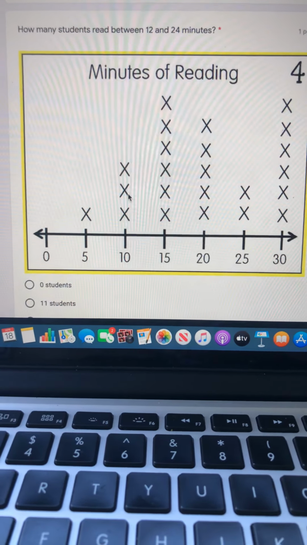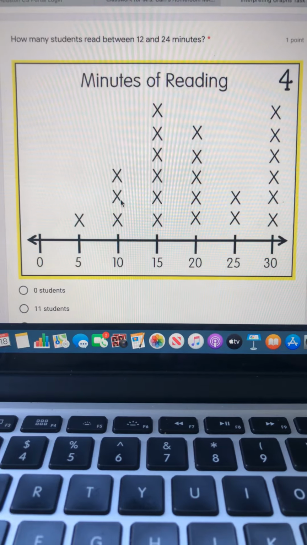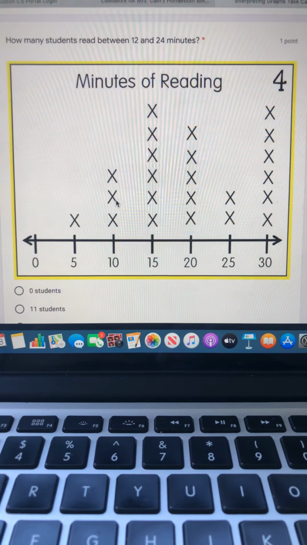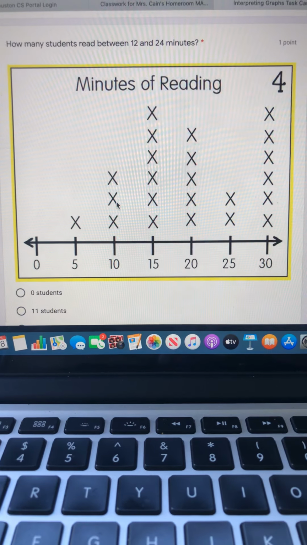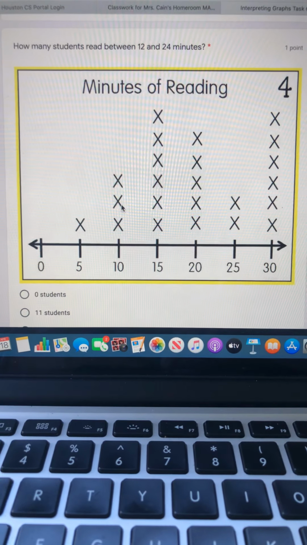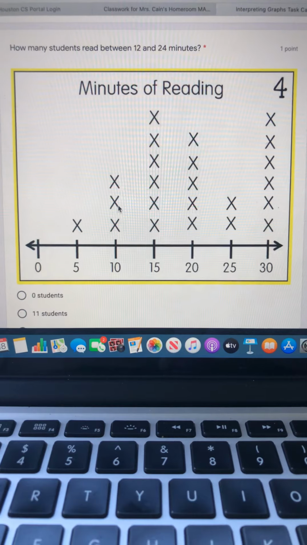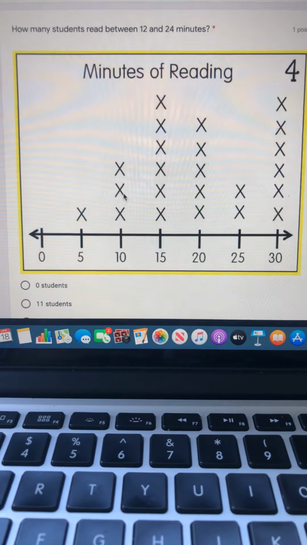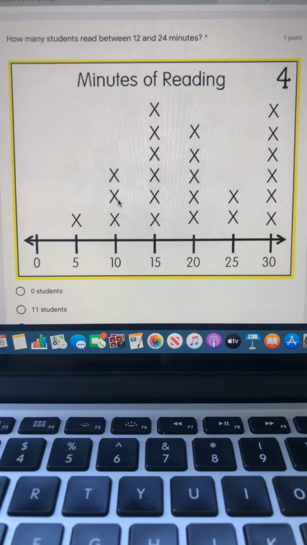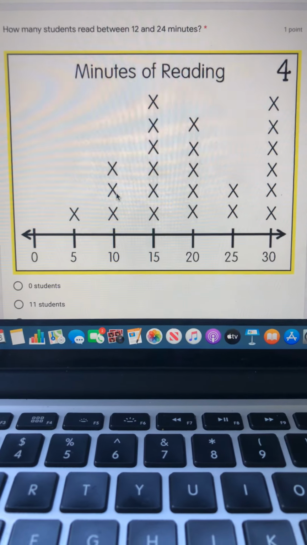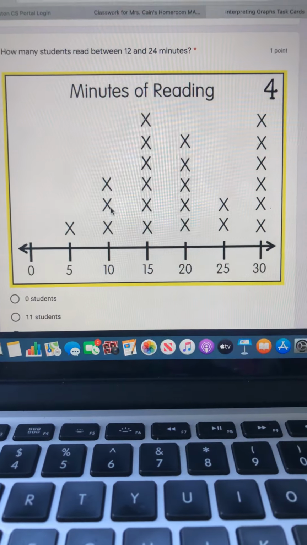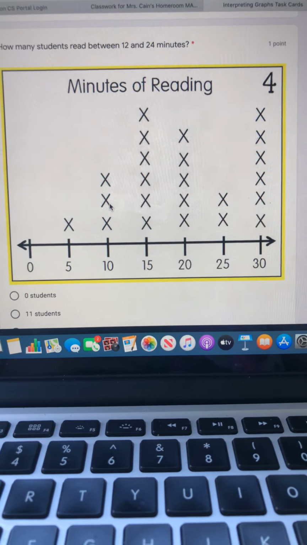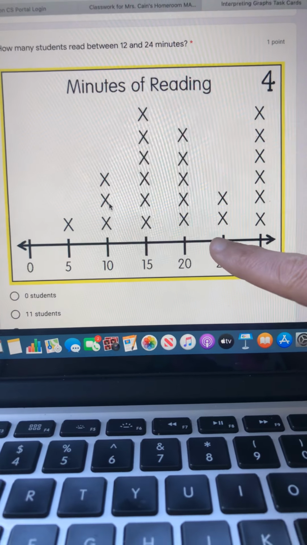All right, this next question uses the same graph, and it asks how many students read between 12 and 24 minutes? What you might want to do is put a dot or put your finger where 12 minutes would be and where 24 minutes would be.